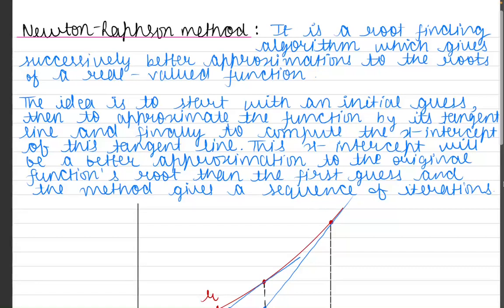So first, you choose your initial guess. Let's say here, this is your x naught. Then you draw a tangent at this point.